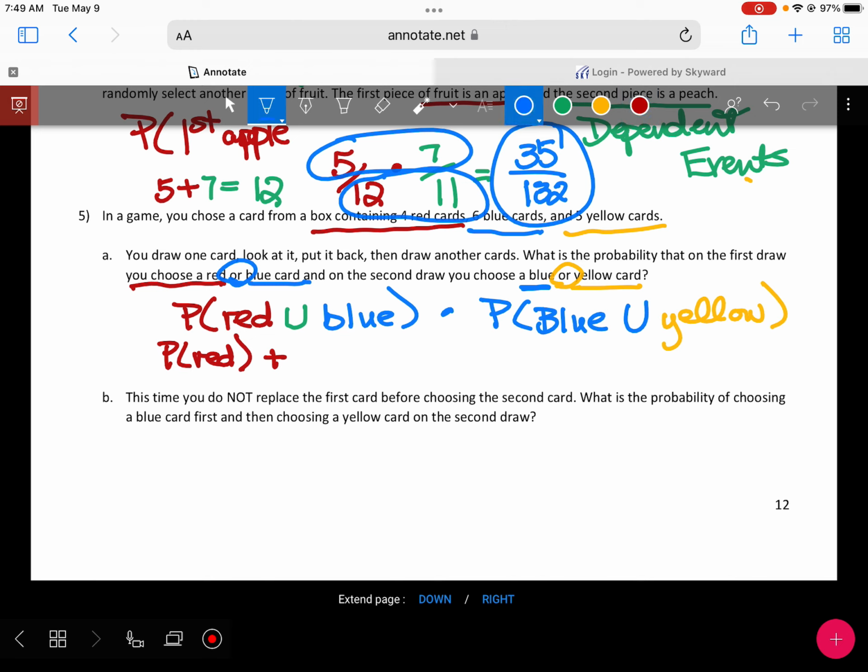Plus the probability of blue minus the probability of red and blue, times, for the second one, the probability of blue plus the probability of yellow minus the probability of blue and yellow.